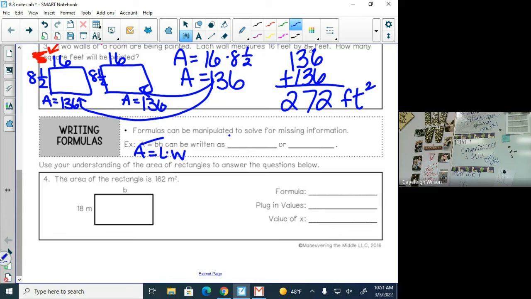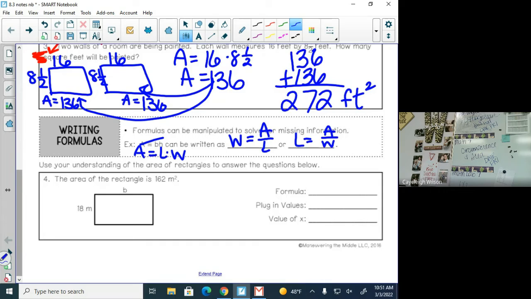You can find the width by taking the area divided by the length, or you can find the length by taking the area divided by the width, which is what we were just doing. One more for good measure. If I know the area is 48, and I know that one side is 12, what's the other side? 4, because 48 divided by 12 is 4. 12 times 4 is 48.